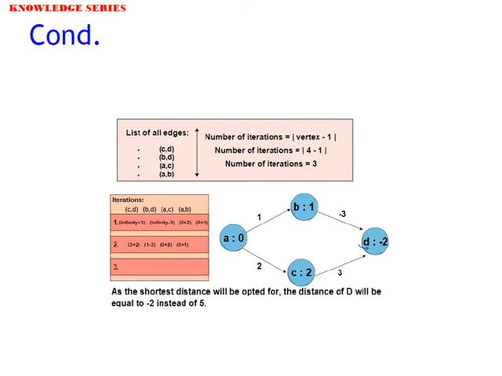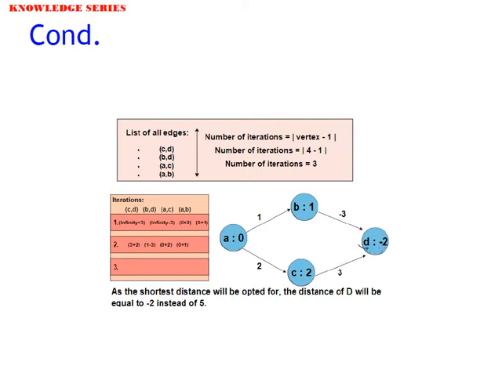Now the next point you will see in this case is 3 and 2. So 2 plus 3 is 5. Earlier, with respect to C and D, it was given as 3 and infinite.